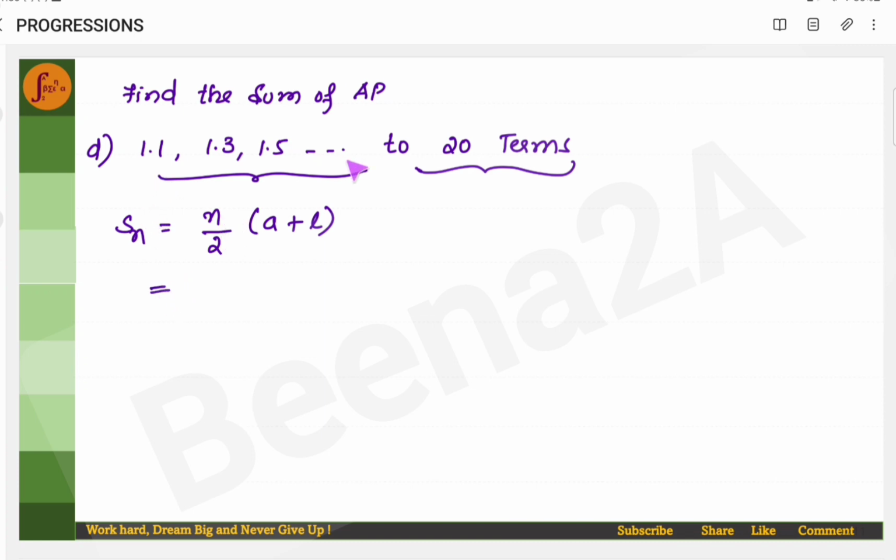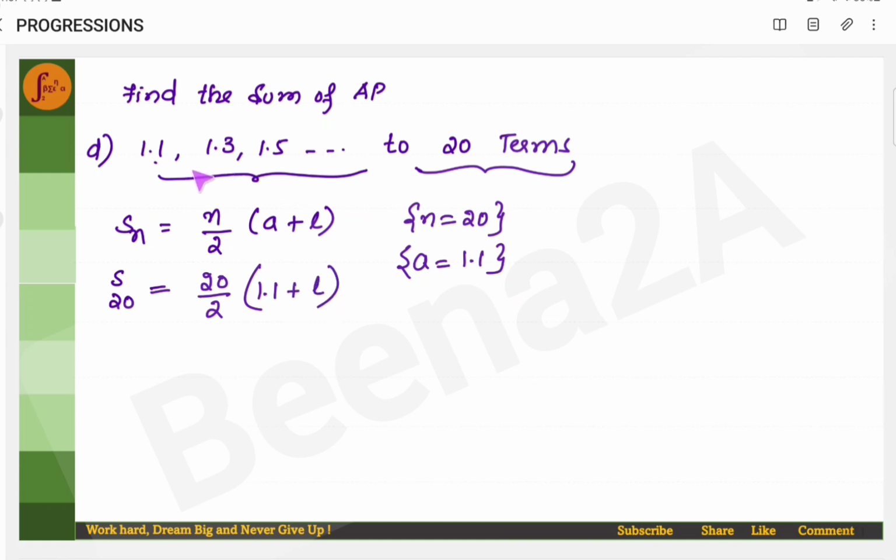First of all, how many terms do we need? 20 terms, so it's S20. N is 20, so it will be 20 by 2. A is the first term, which is 1.1. So 1.1 plus the last term. Do we know the last term here?